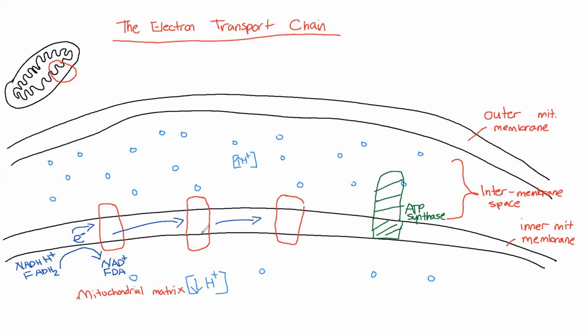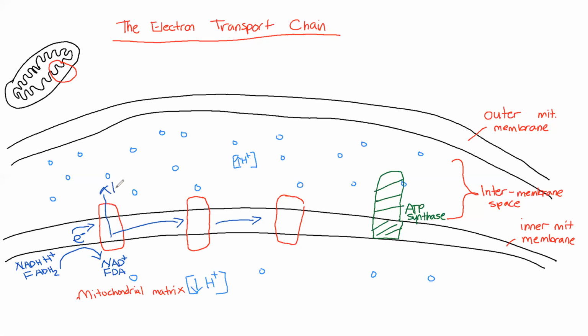Now, the gradient that we spoke about, so the hydrogen gradient, the fact that we have more hydrogen ions in the intermembrane space than we have in the mitochondrial matrix, is created because of the movement of these electrons, okay? So as we move electrons from complex 1 to complex 2, we're simultaneously pumping protons from the mitochondrial matrix into the intermembrane space, okay?